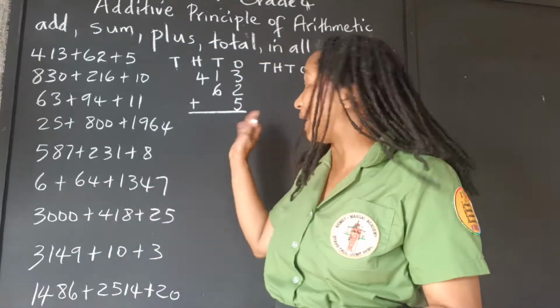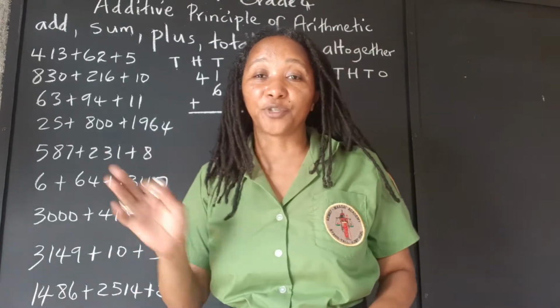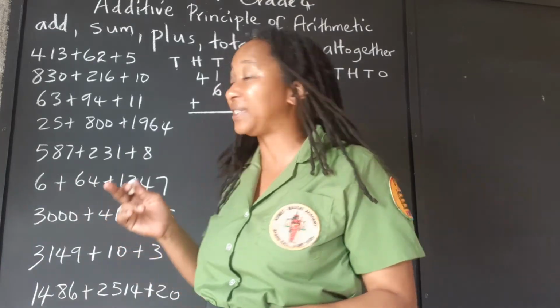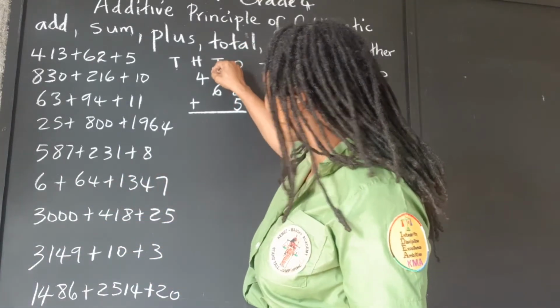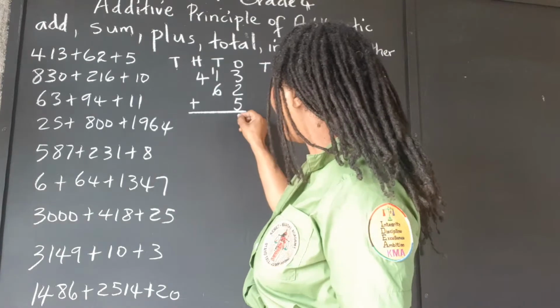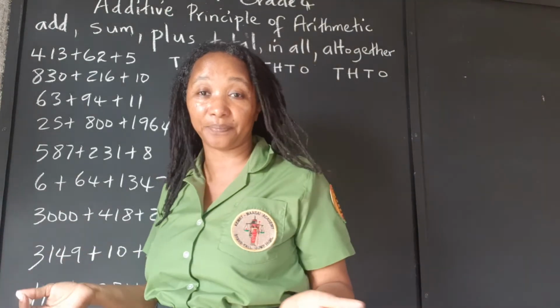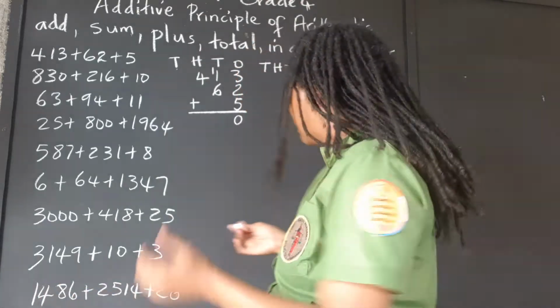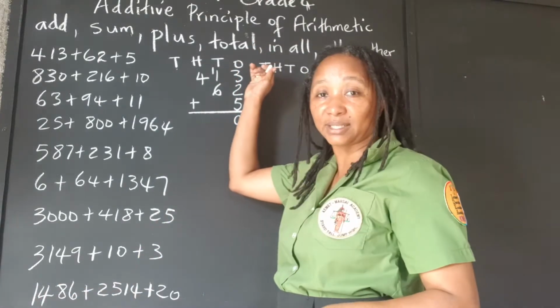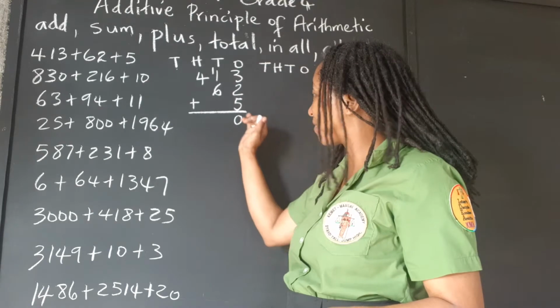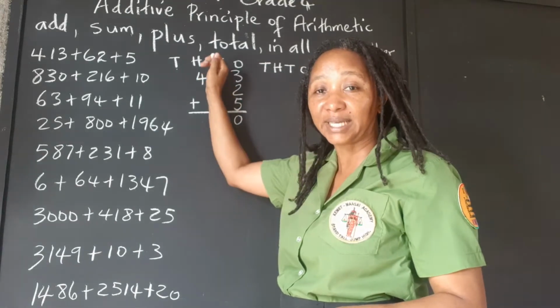So here we got a 10. We have to remember that that's one group of 10. We have to put it over here in the tens place, and there is no unit left because it's just 10. So if we can't put down the 10 under the ones, we have to transfer that group of 10 over to the tens place.